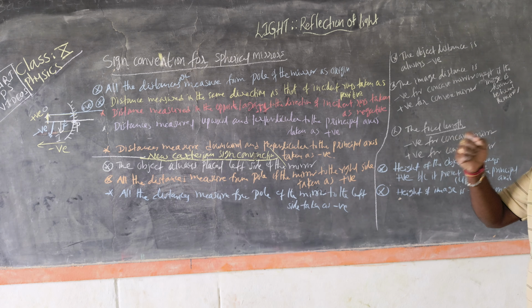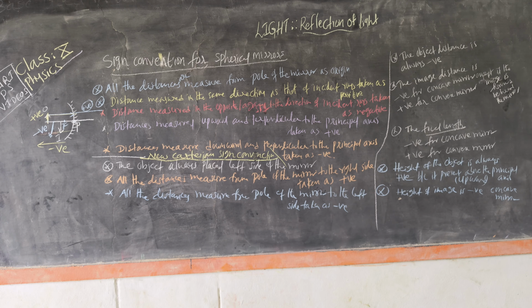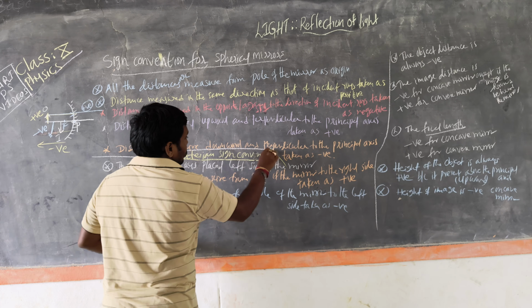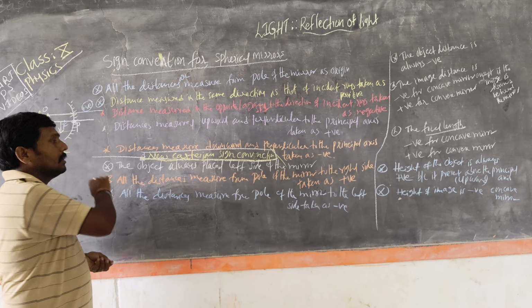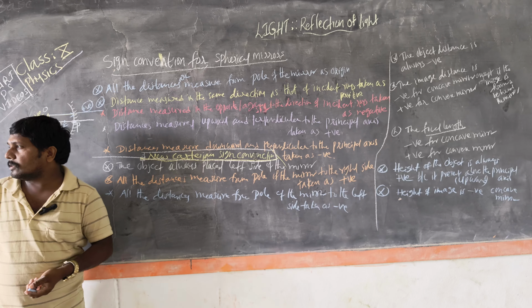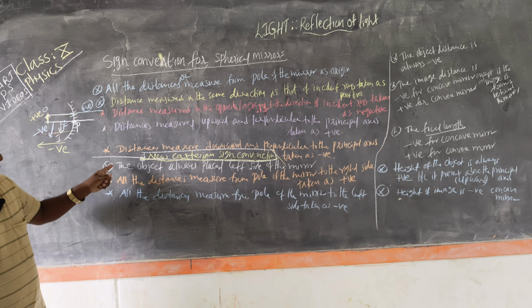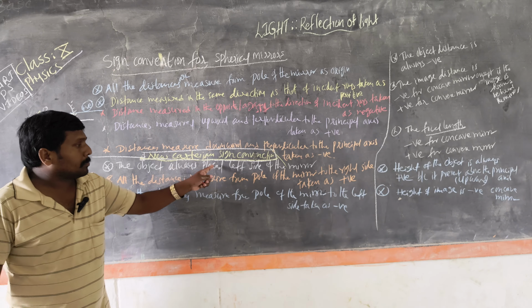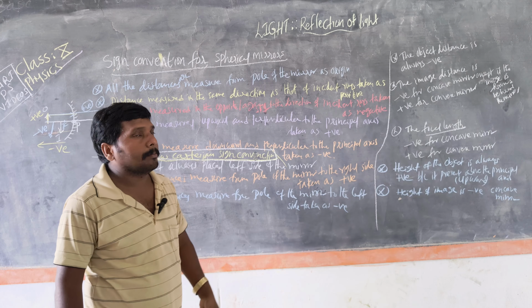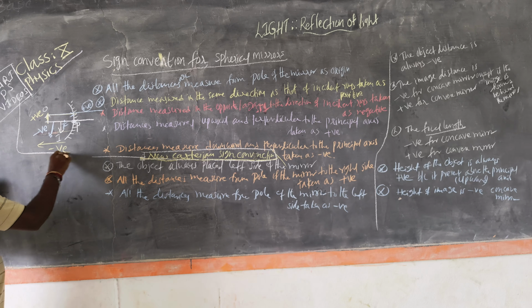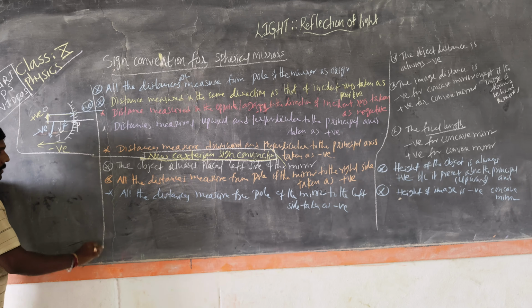But according to the new Cartesian sign conventions, which we use nowadays, the object is always placed on the left side of the mirror.